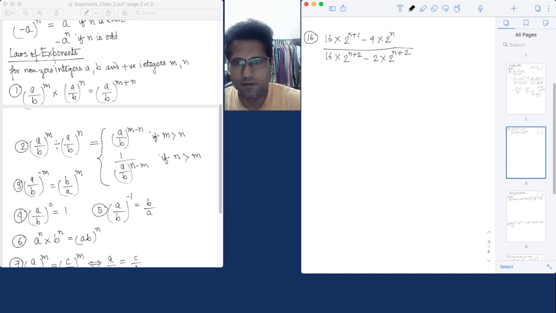So over here we can see all the powers of 2. Both the denominator and the numerator are differences of exponential products. Okay, so let's do it step by step. We see 16, 2 and 4.